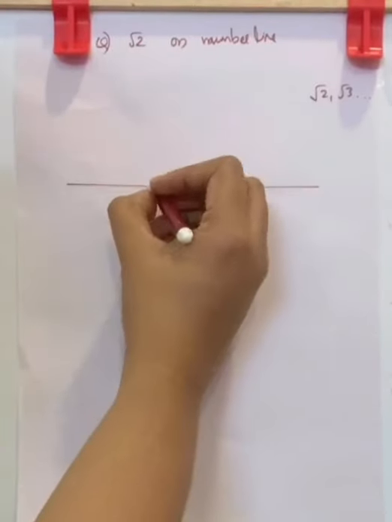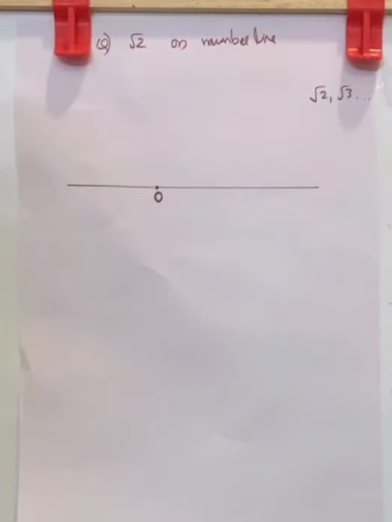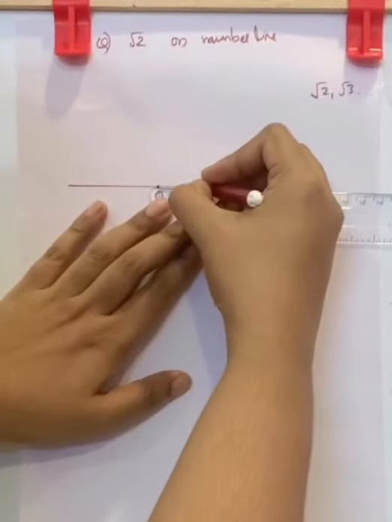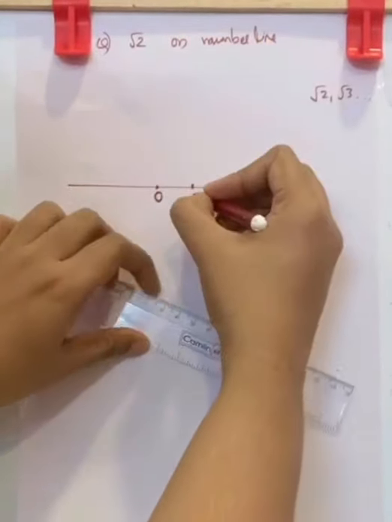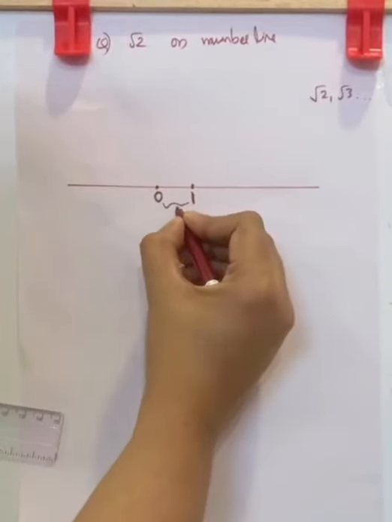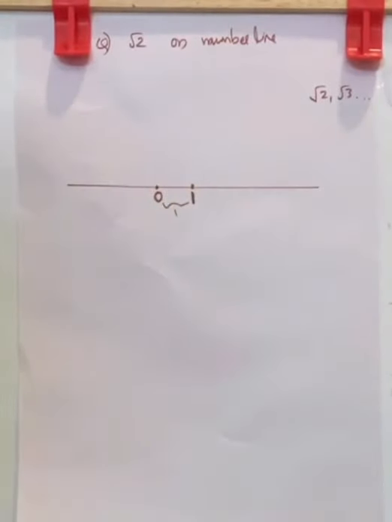Now mark a point 0. After that, you have to take one point here. Let it be 1. This is 1 unit. Let it be 1 centimeter. This is 1.